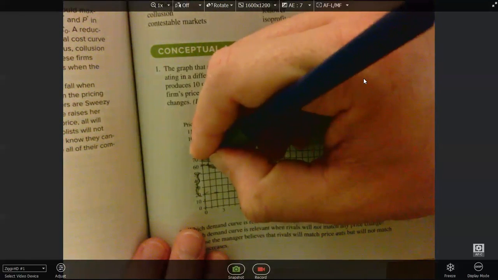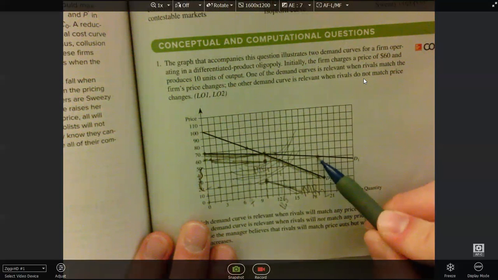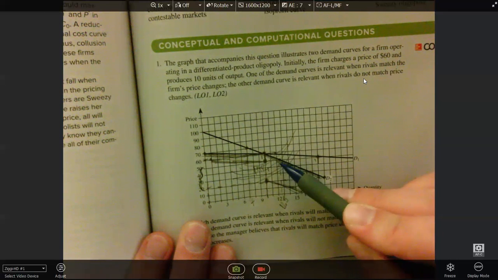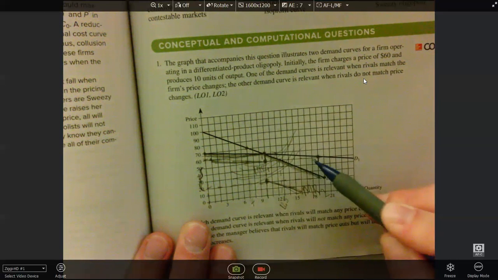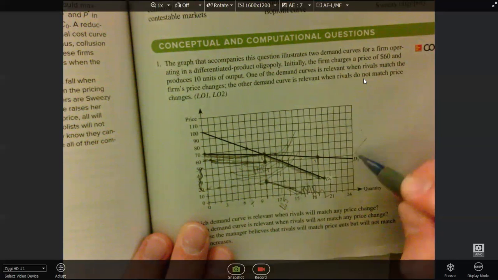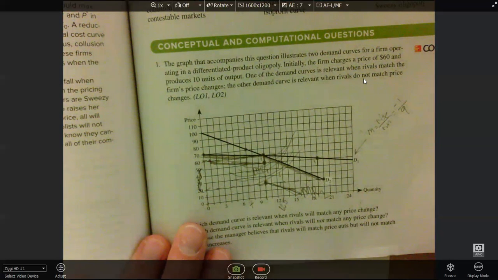So if this has a slope of rise of one, it's a very shallow curve.